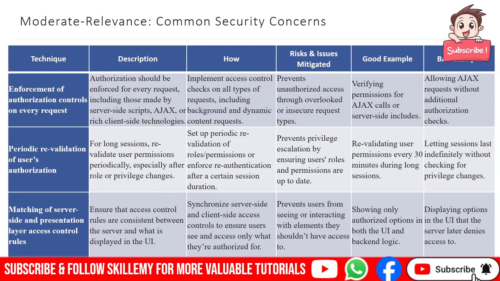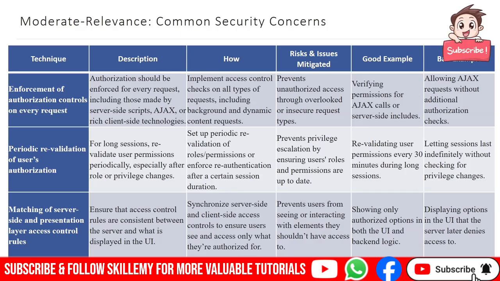Another key practice is ensuring consistency between server-side access controls and the presentation layer, the UI. It's crucial that what users can see and do in the interface matches what the server allows them to access. Imagine a scenario where certain administrative functions are hidden from the user interface for a regular user, but the backend still allows these functions to be executed if requested manually.